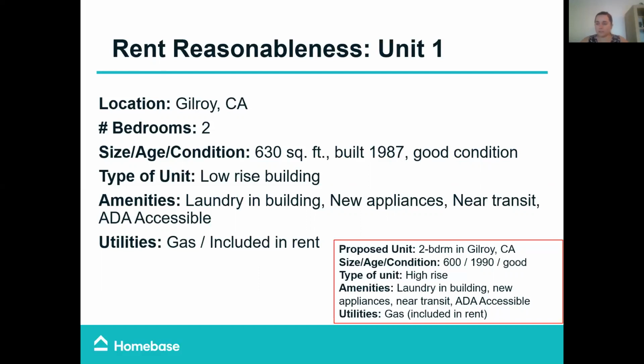So what I'm going to do here is launch a poll to ask you, does Unit 1 seem comparable to the proposed unit that the client would like to rent? And again, the little red box on the side reminds us of the details of the proposed unit. So I'll give you some time to let us know whether Unit 1 seems comparable to the proposed unit.